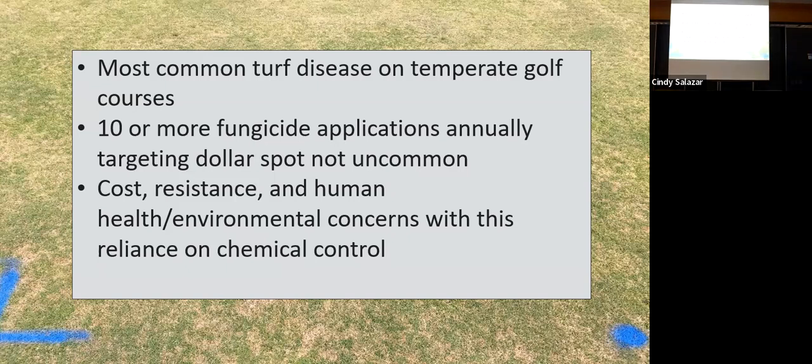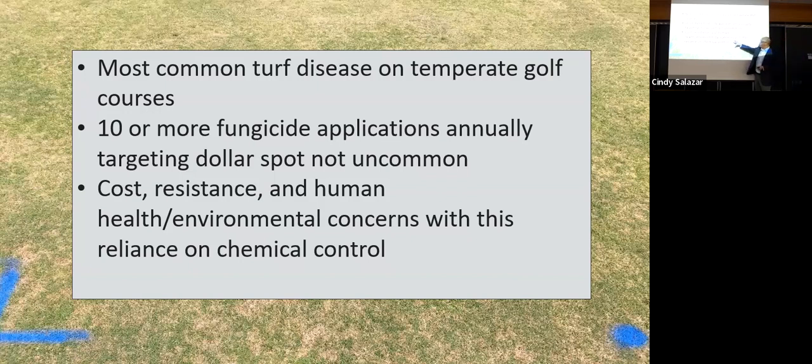We have widespread fungicide resistance to multiple chemical classes, the benzimidazoles, the DMIs, and most recently, the SDHI class of chemistries, which is kind of the newest class. And I don't know about you, Lee, but up in Wisconsin, we are seeing a lot of very rapid development of resistance to individual SDHI chemistries. And we don't have new chemistries coming down the pipe at any great rate. And so we're really starting to see serious issues with fungicide resistance in dollar spot.